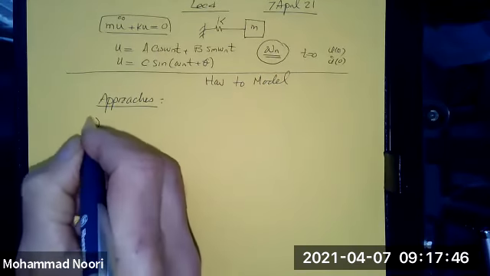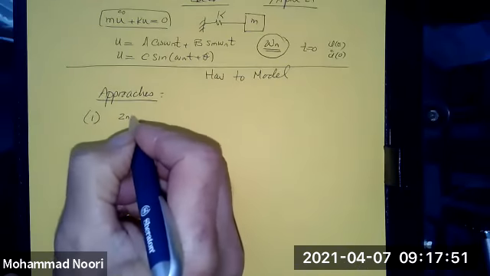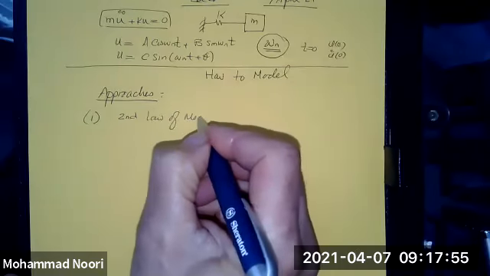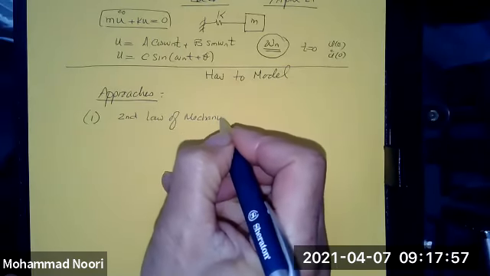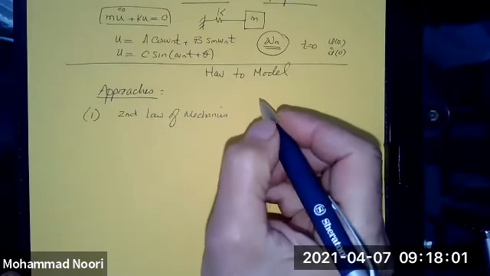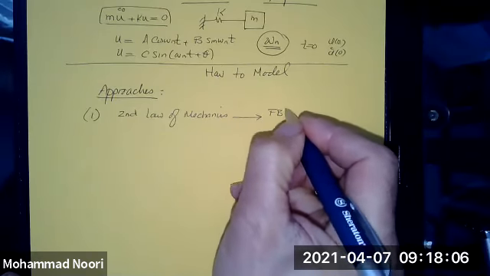I will first show you that if the structure is simple, we can simply use the second law of mechanics, which basically results in what we do: set up the free body diagram.